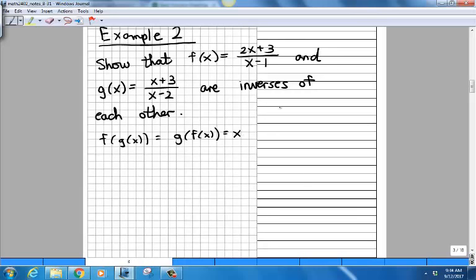What I'm going to do is write down the formula for F, flip the variables like I did a moment ago, and then solve for Y and see what I come up with. If I come up with G, then I know that they're inverses of one another. So y'all go and I'll go, and it's a race here.